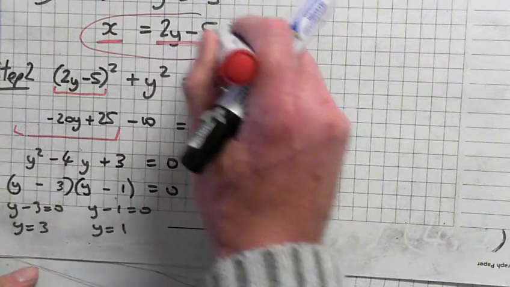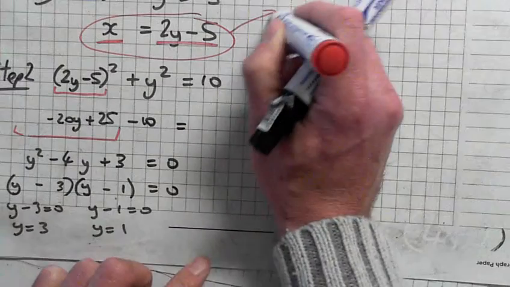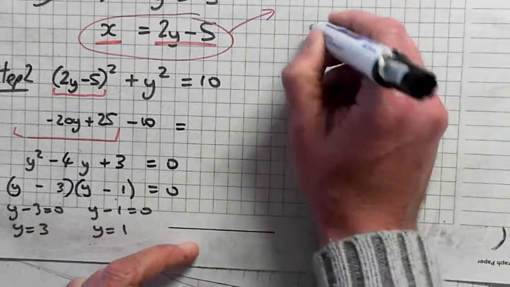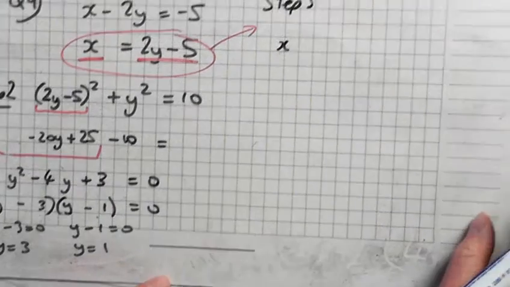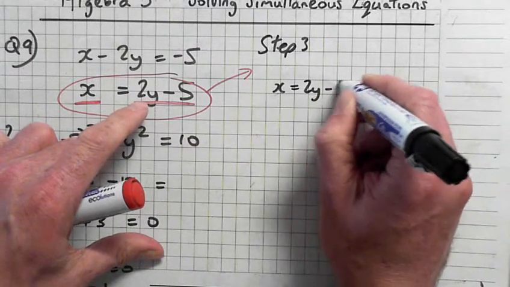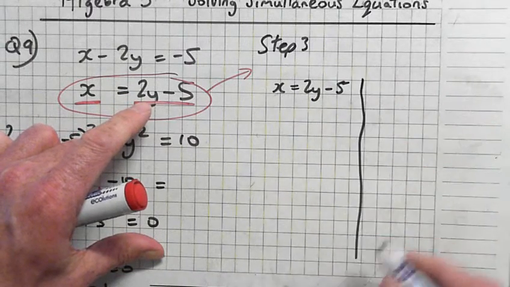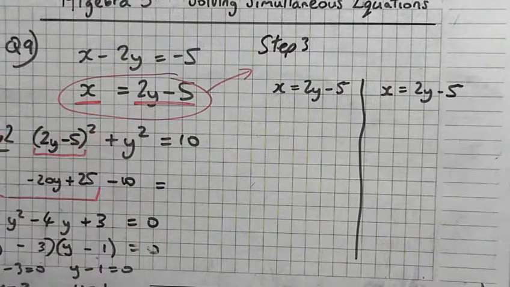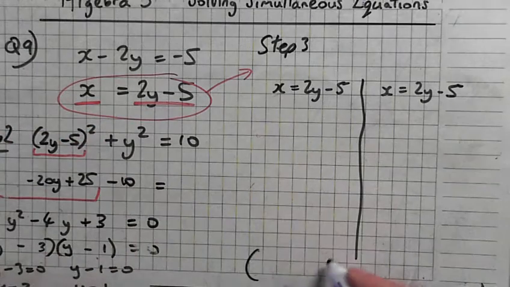This is the one that we take, the one that you've rearranged. Step 3. And write it twice. We have our two y values.